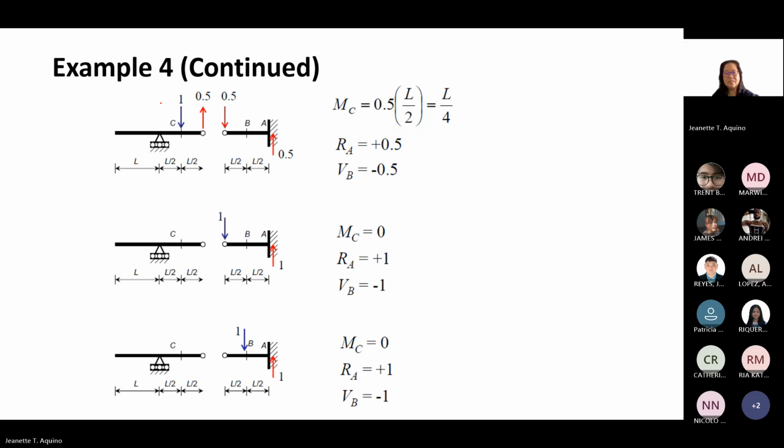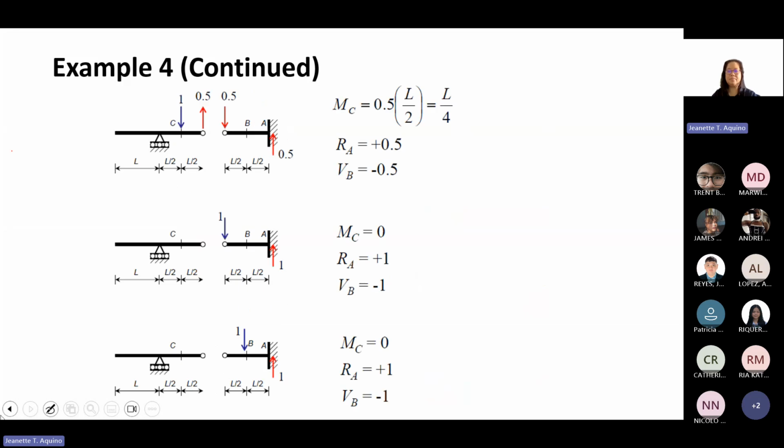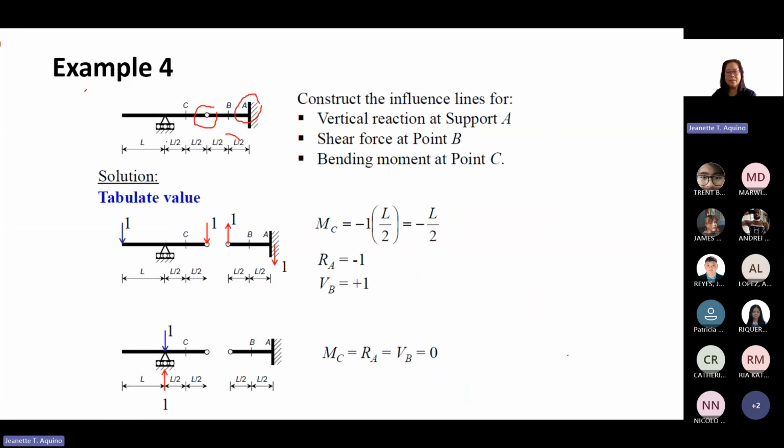C is L over 2. Let's see, it is equal to L over 2. Okay, so let's tabulate the values.